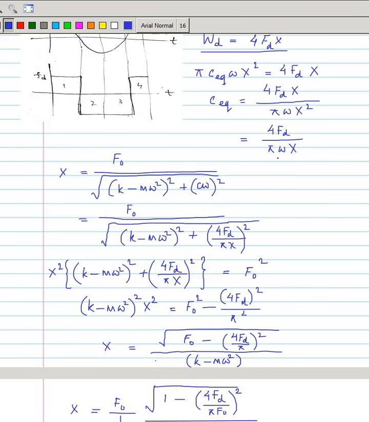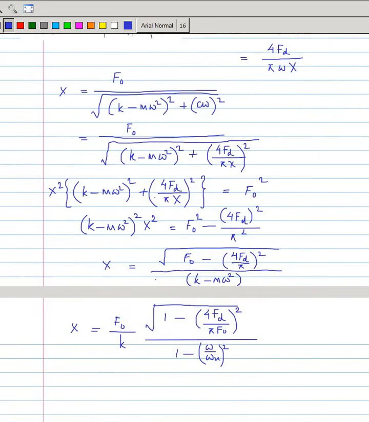This omega and this omega get cancelled out. Now we multiply it with x and square it. So this is the right hand side square. Here this has x square in the denominator, so this gets cancelled out.